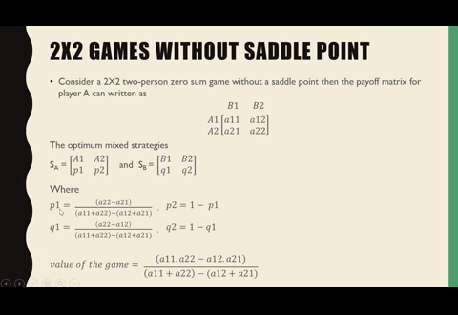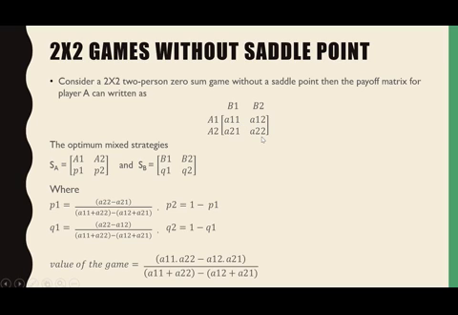So the formula for computing P1 is A22 minus A21, divided by principal diagonal minus secondary diagonal.